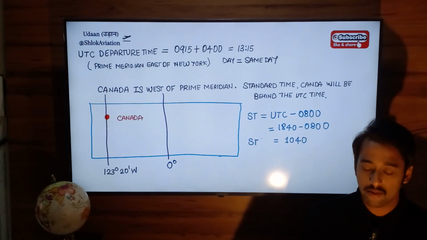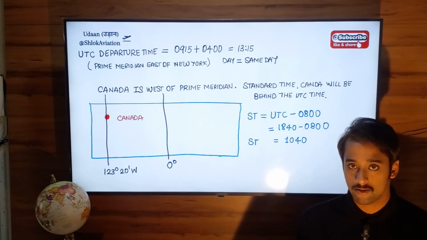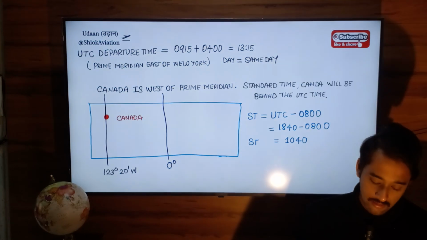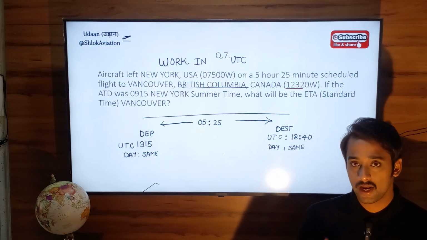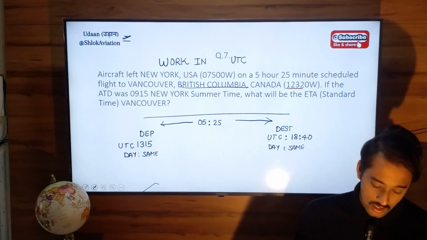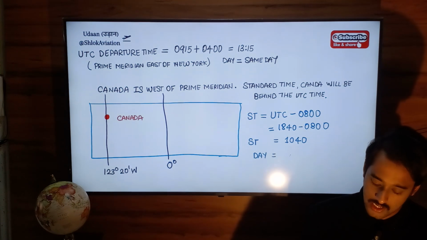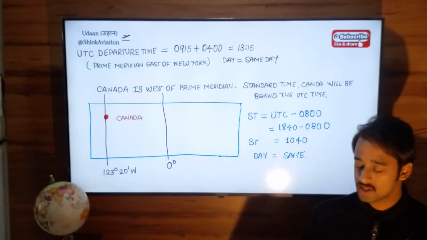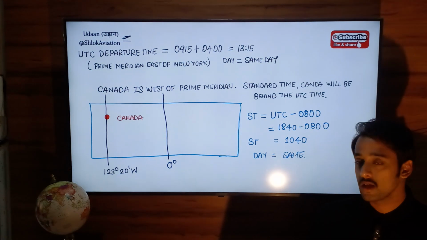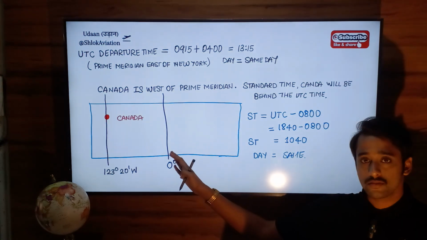So 10:40 in the morning will be your landing time according to standard time, and UTC time that will be 1840. So UTC 1840, standard time 1040, and the day will be the same day. Okay. So this is how you do the sum. Same day 1040.